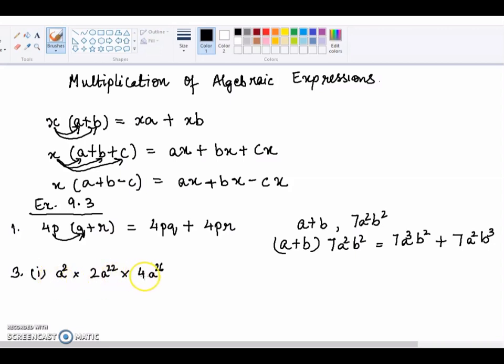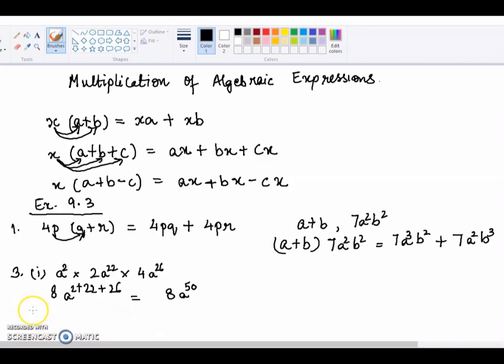So 1 into 2 into 4, that is 8. a raised to the power of, now this is a square into a raised to the power of 22 into a raised to the power of 26. So applying the laws of exponents, I can write it as a raised to the power of 2 plus 22 plus 26. So when you add all these, 26 plus 22 plus 2, you will get 50. So this is equal to 8 into a raised to the power of 50.